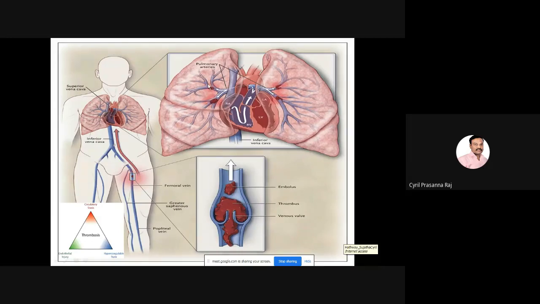In the lungs, the pulmonary arteries are very small in size, maybe micrometer dimensions. So when the clot enters there, it starts blocking the entire lungs. Then oxygen exchange will be difficult, your blood may not get purified, and then death occurs.